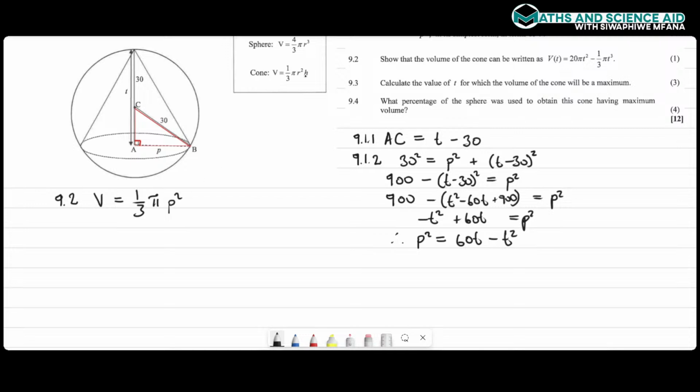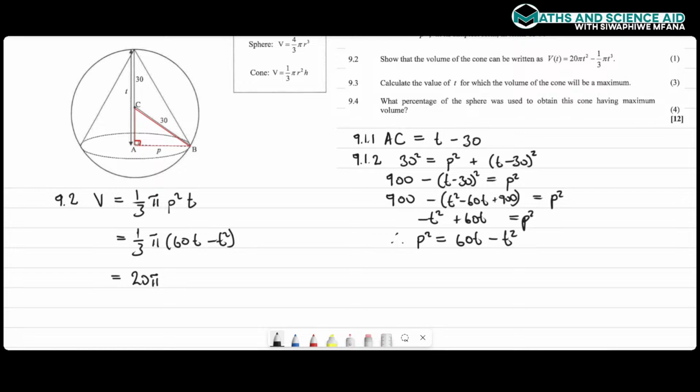Our height h is equal to T. You can see we have just worked out an expression for P squared. Okay, so that's it, guys. I think we do need to simplify it because we want it to look like that. So let's simplify this. 1 over 3 multiplied by 60 will be 20. So this will be 20 pi.